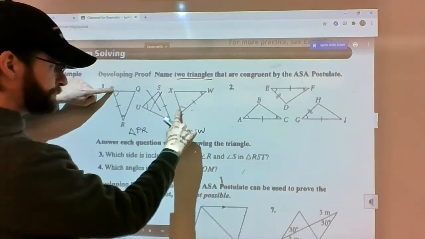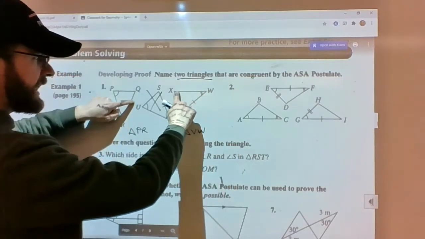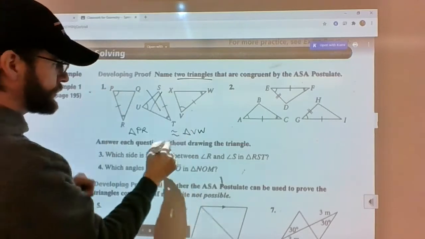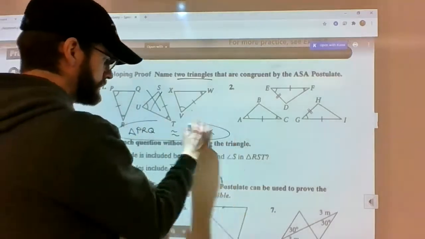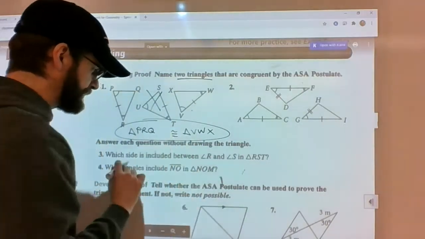So P to V, R to W, and then W to X. X and Q. So PRQ is congruent to VWX because of angle, side, angle. I'm a little bit rusty right now, so there we go.